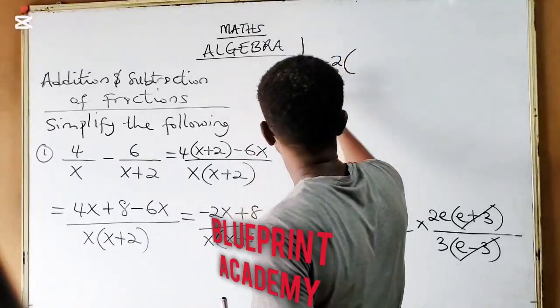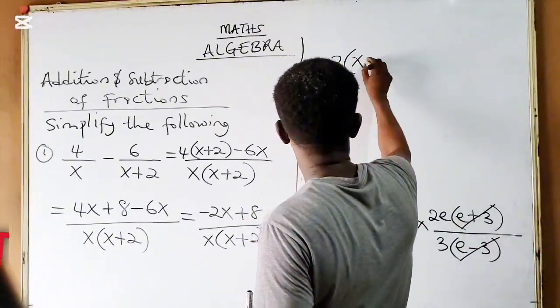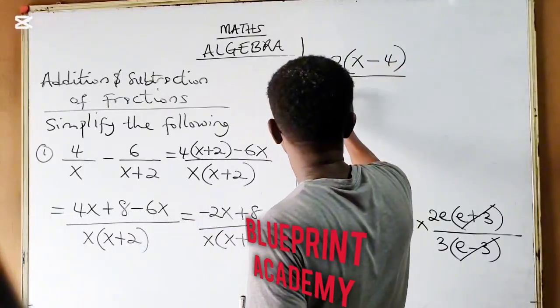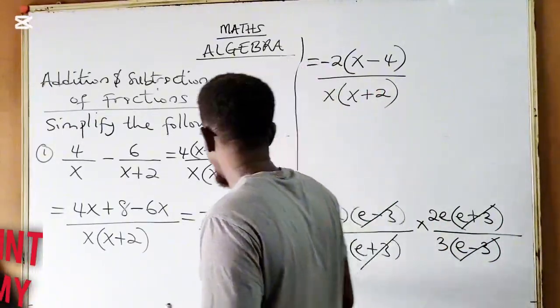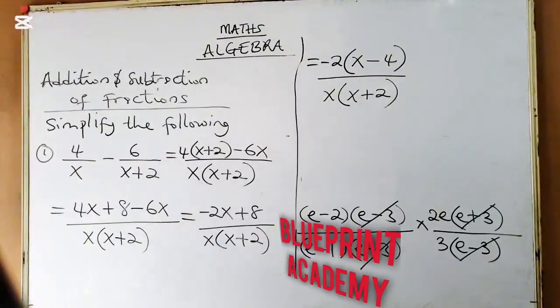So minus 2x divided by minus 2 will give us x. Then 8 divided by minus 2 will give us minus 4, all over x into x plus 2. So we can leave the answer in this form. That's the final answer for this first one.